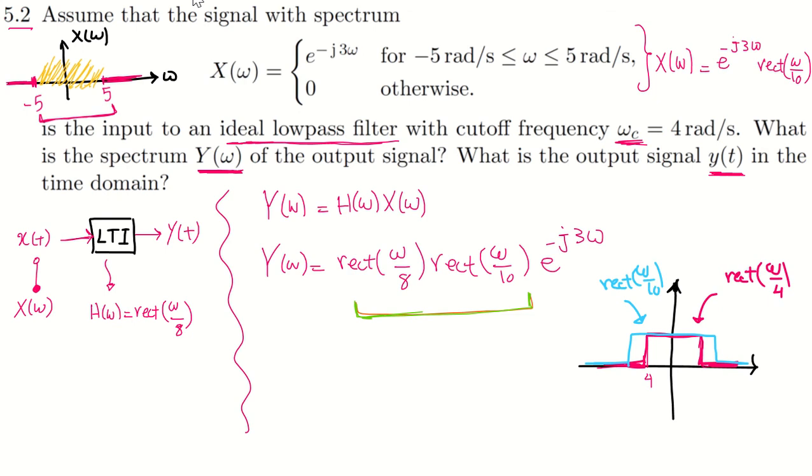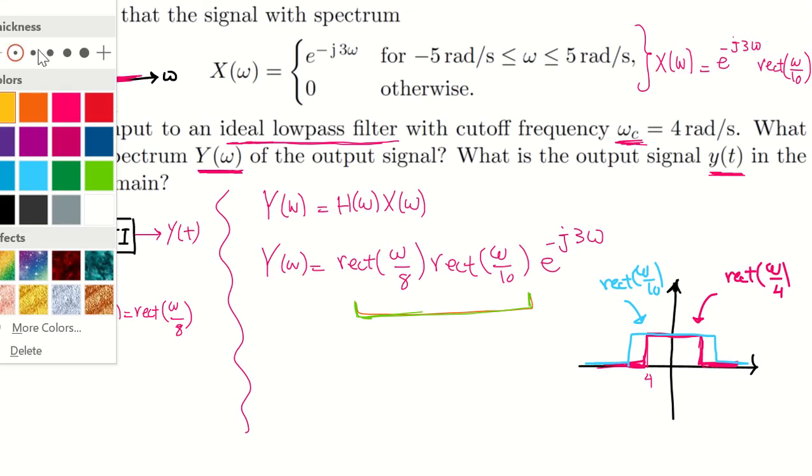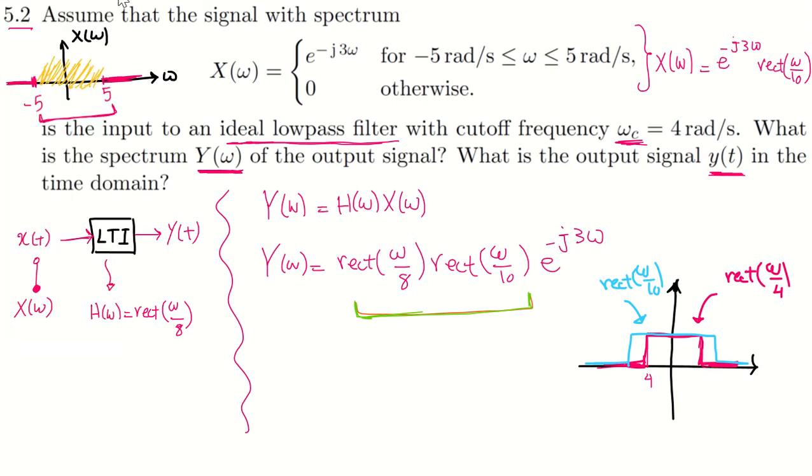If I multiply these two rectangular signals, you see that for values where either of them is 0, the multiplication is 0, and that means for all values here and here the multiplication is 0.